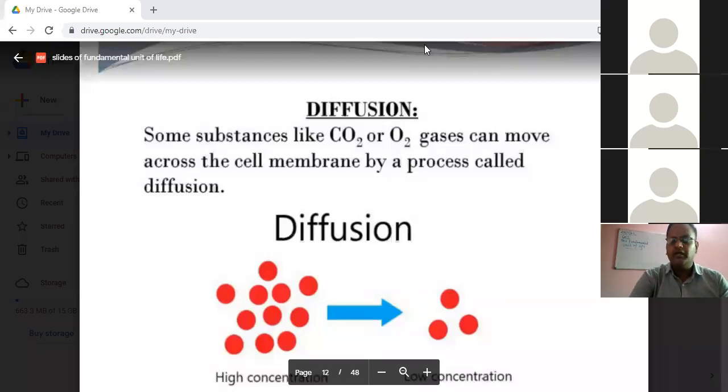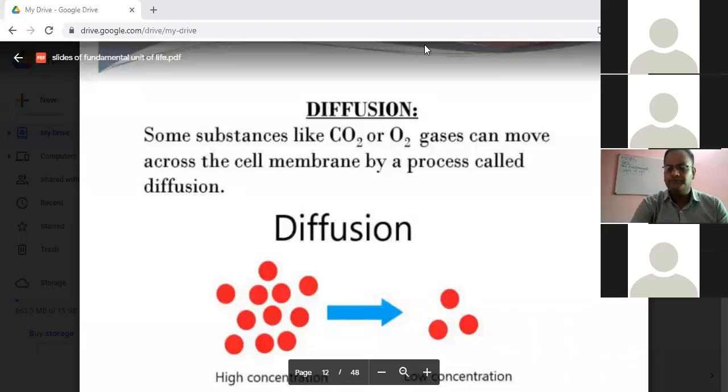Okay, no problem. Anupam, you can send your answer in the chat box. I think there is some connectivity issue from your side as I'm not getting your voice clearly. Okay, Safia, you answer. Yes, sir. Yes, Safia, what is diffusion? Diffusion is the process in which movement of substance from higher concentration to lower concentration. Lower concentration. Okay, Safia, you can mute yourself.